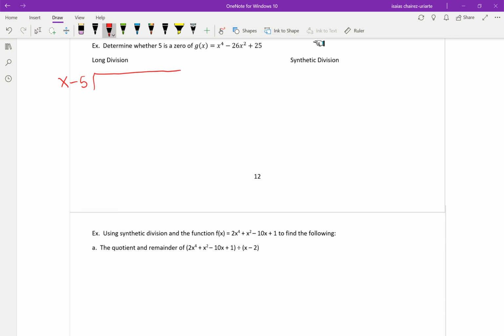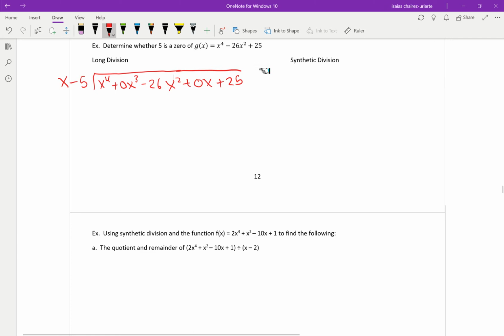And then I'm going to have to write my dividend. That's going to be x to the 4th plus 0x to the 3rd minus 26x squared plus 0x plus 25.